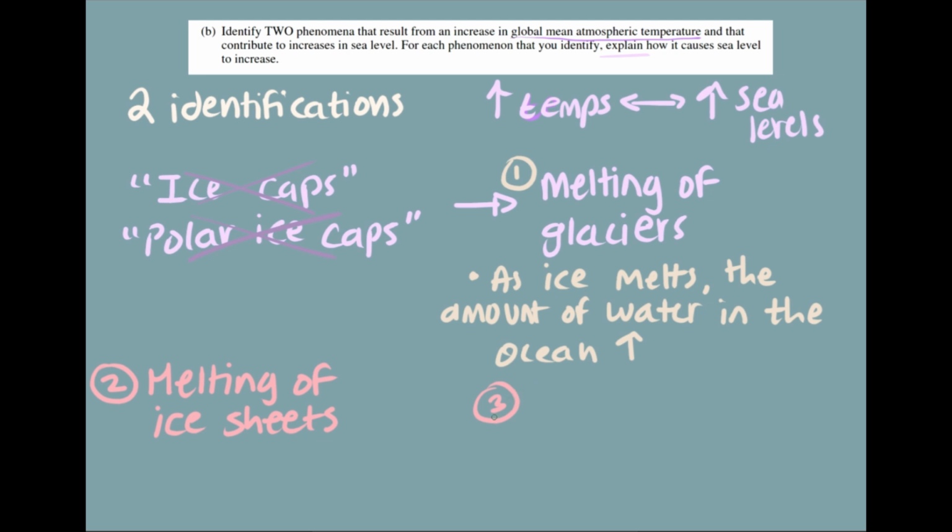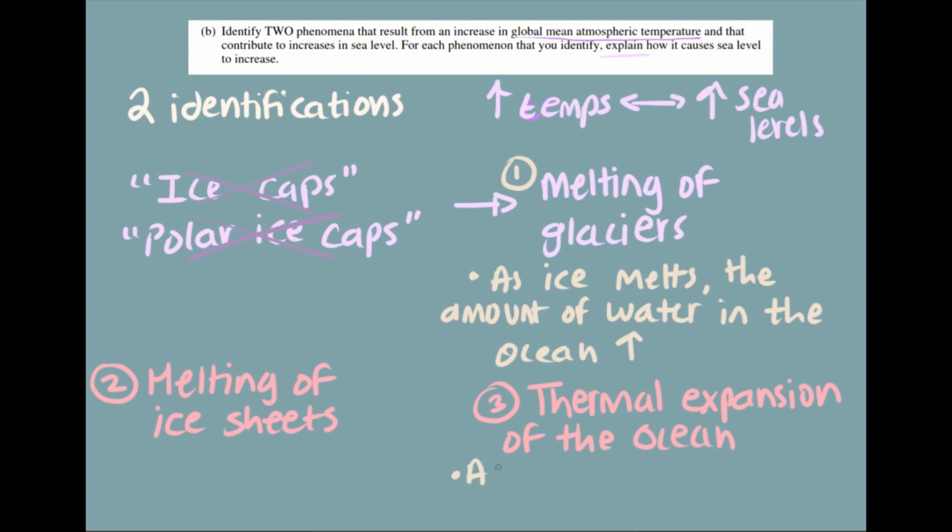Third one, this one might be a little more on the difficult side, but if you're a chemistry person, it might be something you first go to: thermal expansion of the ocean. What that means is that as the ocean heats up, as water warms, water molecules literally move farther apart from each other, and that increases the volume of the ocean. So let me go ahead and write out that explanation.